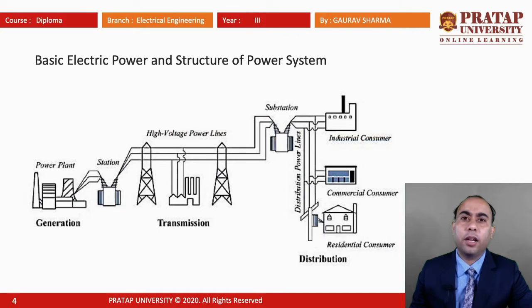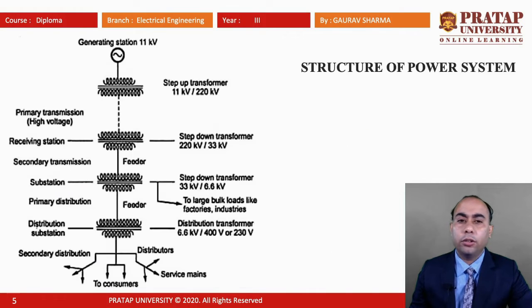Definitely industrial consumers are bulk users, they use the maximum amount of energy, and they use high voltages as per their requirement. So here is another figure of the structure of the power system. At the generating station we generate at 11 kV, then we step up, then step down again, and then step down again, and finally we are in the distribution stage.